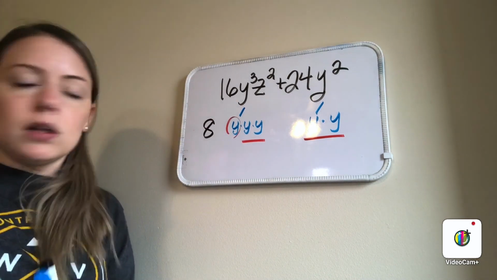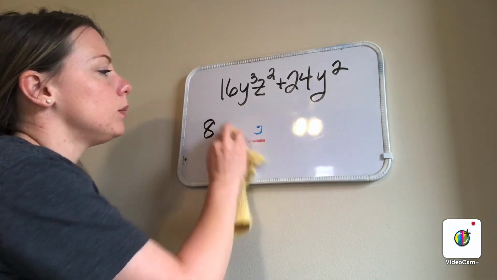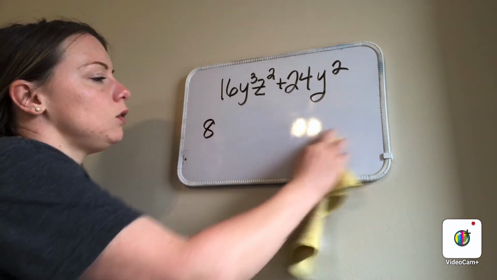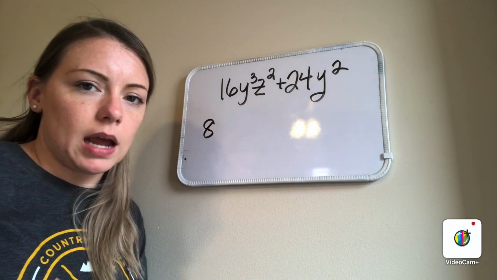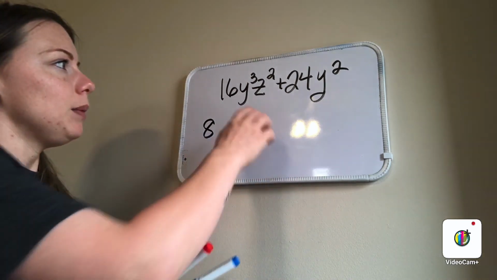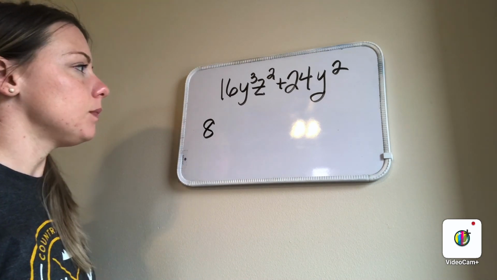So, concerning your variables, you first look at your same variables. It doesn't mean it has to be a like term, because these clearly aren't like terms, they're just a like variable.